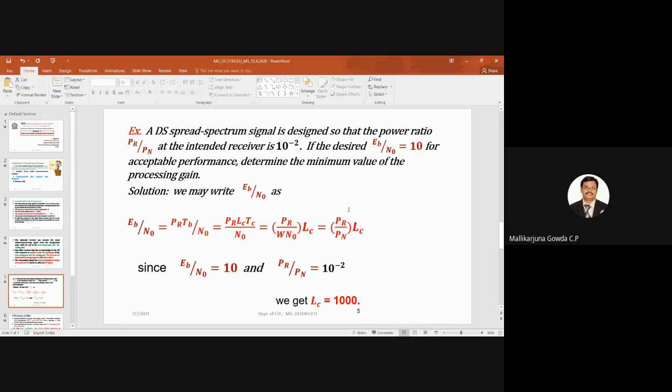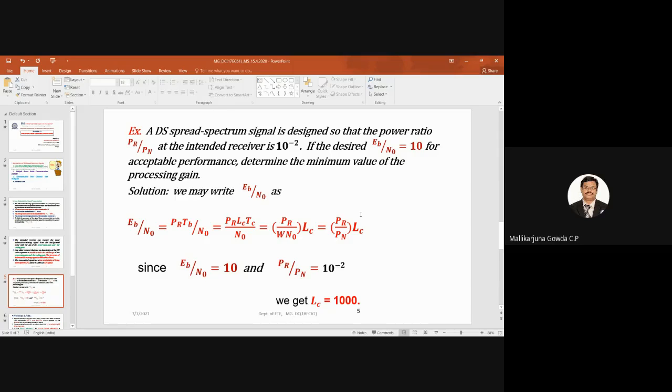Directly looking at the problem, you will not be able to say I can use this equation directly; you have to think about that. Finally, what you need to keep in mind is Eb by N naught is equal to Pr by Pn into Lc. Pr by Pn is given, Eb by N naught is given, and we need to calculate the value of Lc. Hope you will be able to do it now.